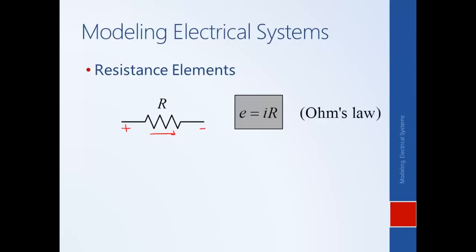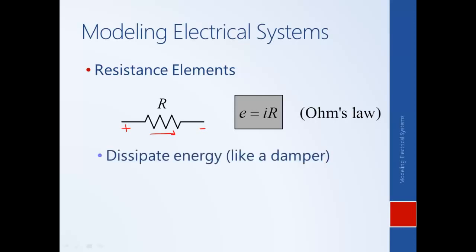That relationship is called Ohm's law. It's a linear relationship. It says that the voltage across a resistor is equal to the current through the resistor times the resistance. So resistance is basically the ratio between the voltage across and the current through.